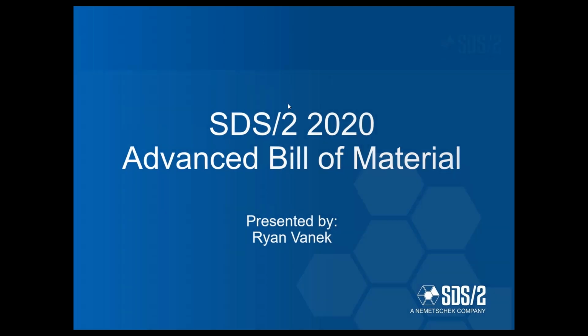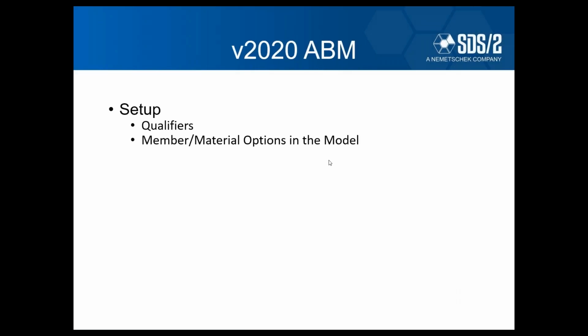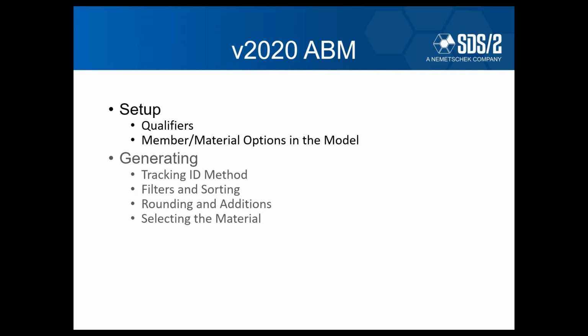What we are going to be looking at today is setup. We have qualifiers. With those qualifiers, they're going to give us some options of what is included in the bill of material, or in the ABM. We're going to look at generating, what kind of IDs we're going to get, some of the filtering and sorting, the rounding and additions, and then what material we're actually going to select when we are generating that ABM.